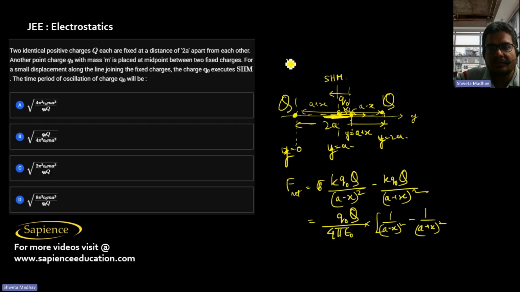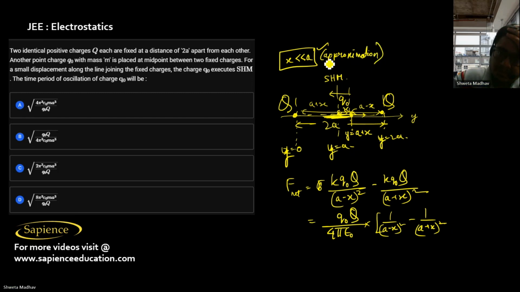Here we can also use the fact that x is much less than a. This approximation can be used since it is told there is a small displacement along the line joining the fixed charges, so x is very small with respect to a.